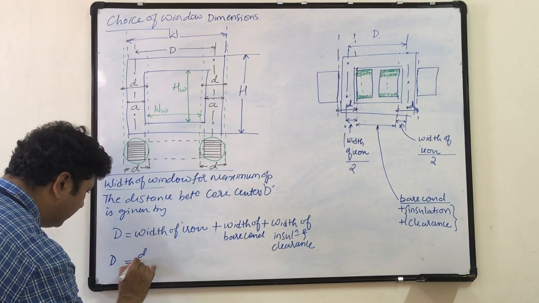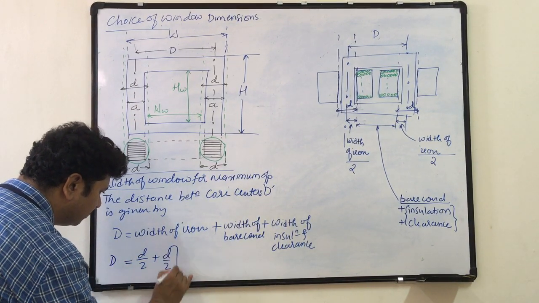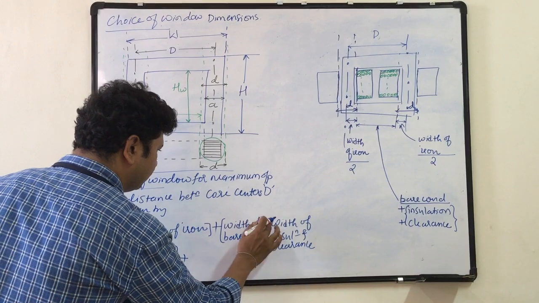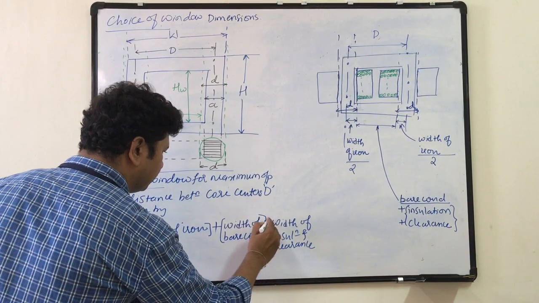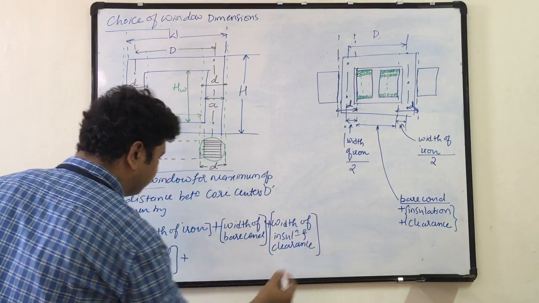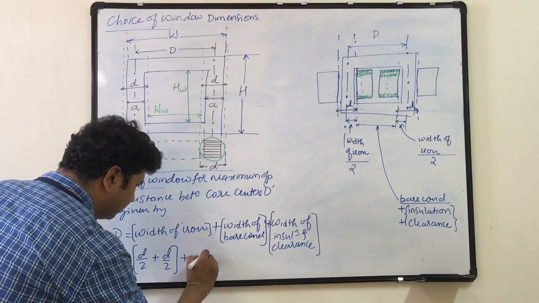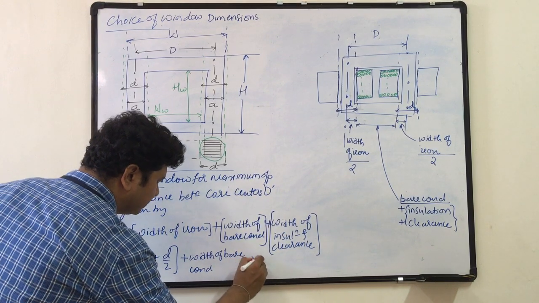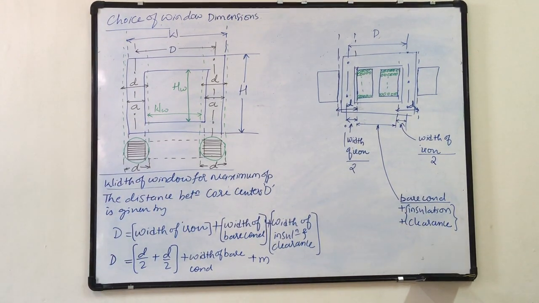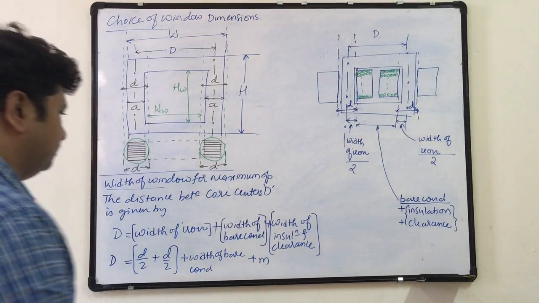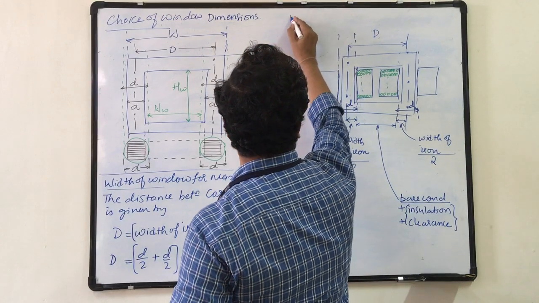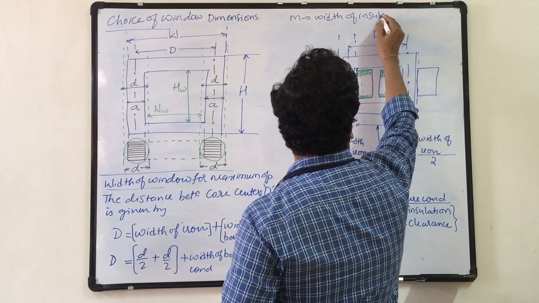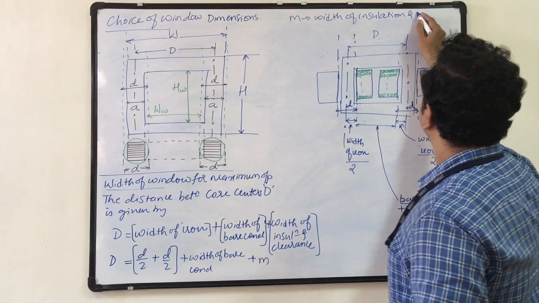I can write this here as D by 2 plus D by 2, plus width of bare conductor, plus m, plus m, where m is width of insulation and clearance.